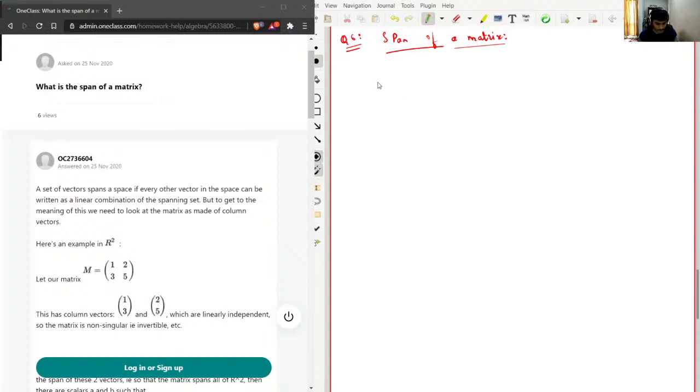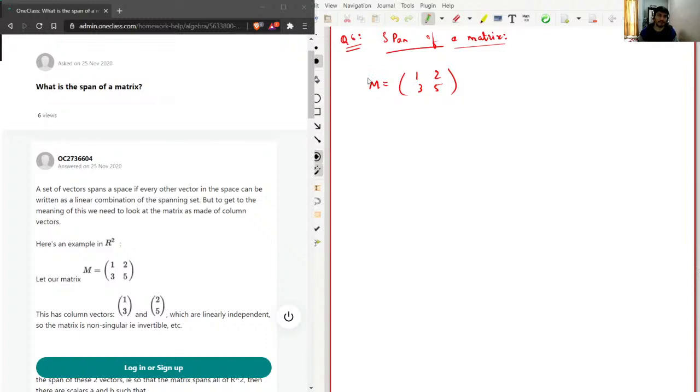So here's an example. They have given a matrix M, that is 1, 2, 3, and 5. And so basically for span, they have divided this matrix into column vectors.